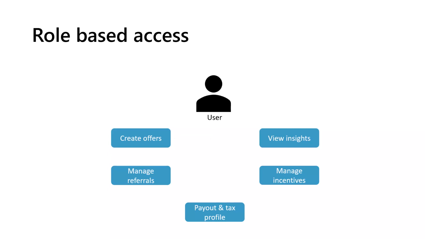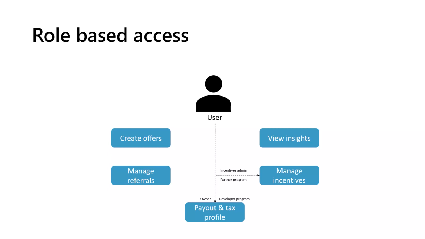Here's another example of a user that needs to manage incentives. In this case, the user must be assigned the role of an incentives admin, which is a role applicable to the partner program. Now, similarly, we can have users that have both roles applicable to the partner as well as developer program. Now, a user that can manage incentives as well as create a payout and tax profile is an example of having roles applicable to both programs.